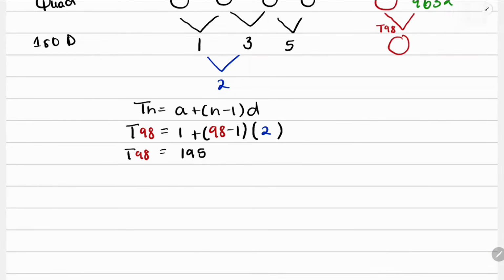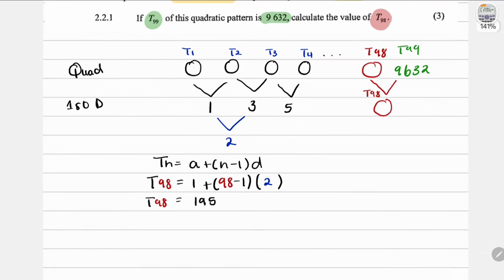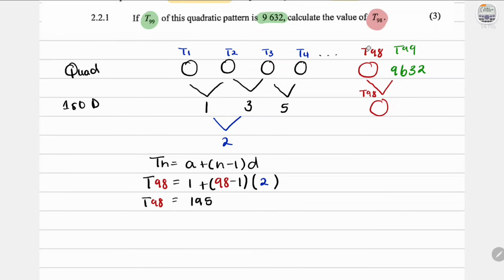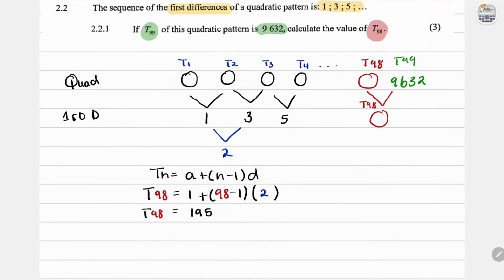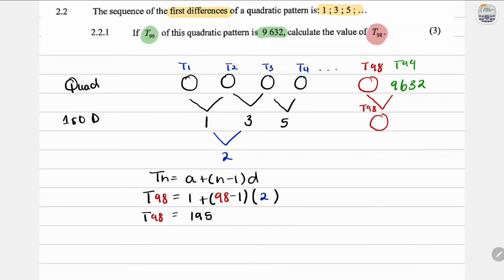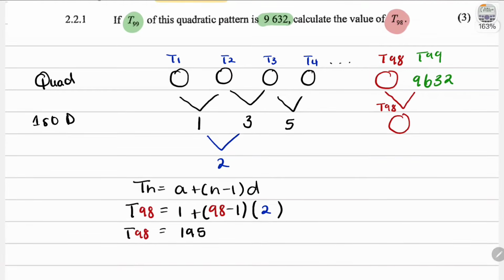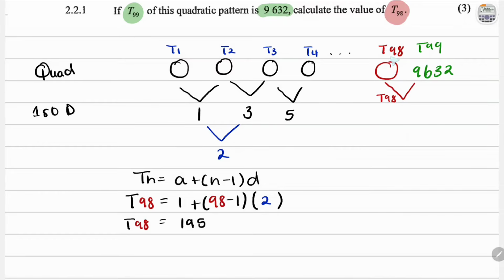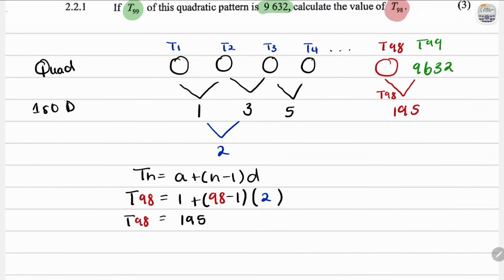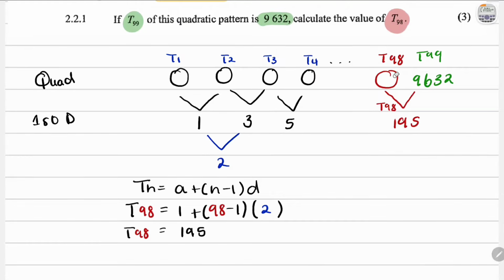Okay, so we know what that is. And finally, to find out what term 98 in your quadratic pattern is, because we don't have any other information, we don't even have its formula, we can just say, since term 98 plus this number 195 is going to give you this number 9632, then how would you get term 98? Just move backwards. You're starting from term 99.